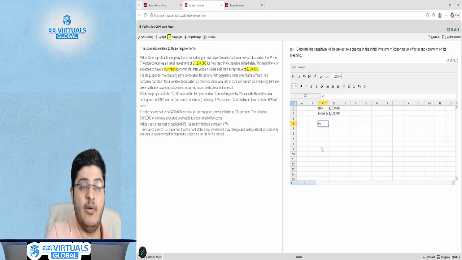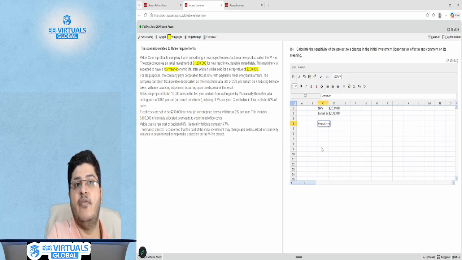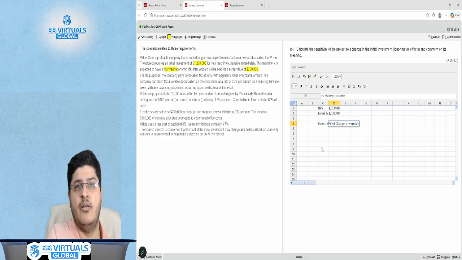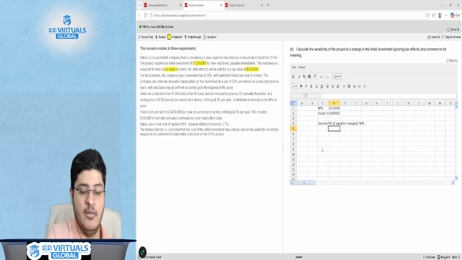correct? How do you calculate sensitivity? Sensitivity formula was present value of the variable which is changed, which in this case is initial investment divided by NPV.